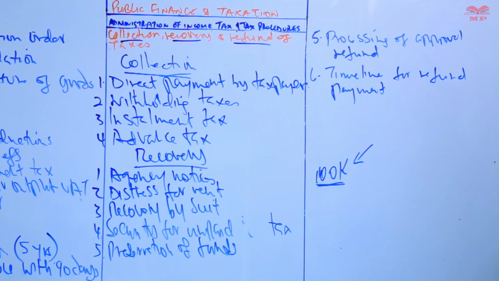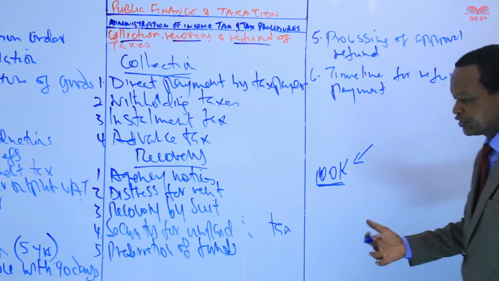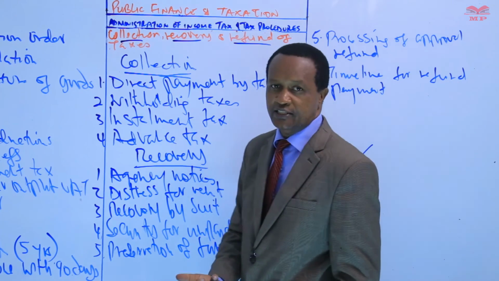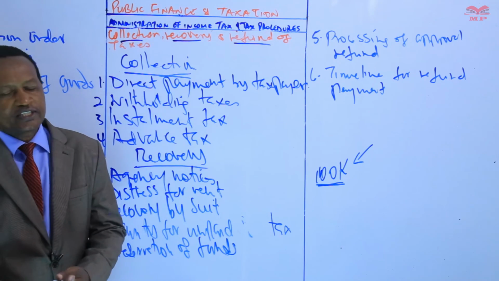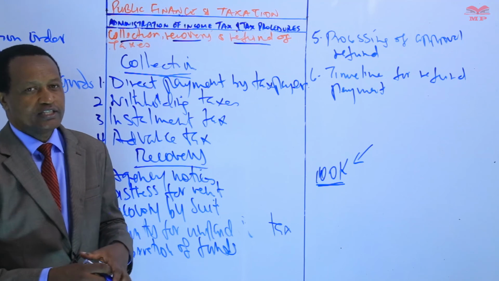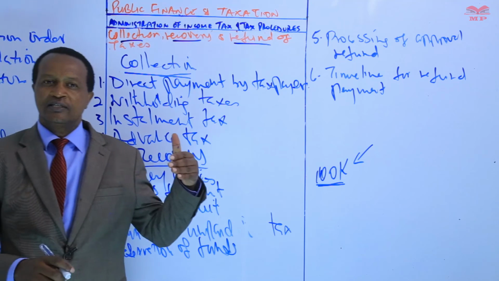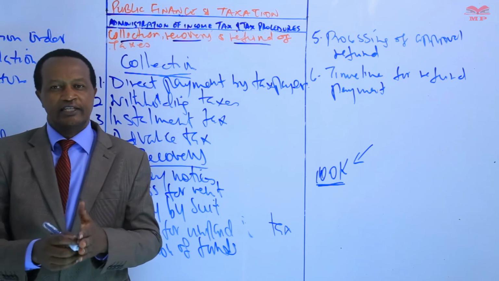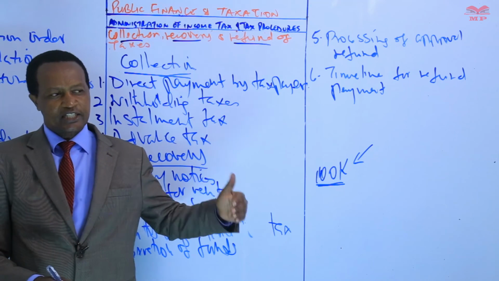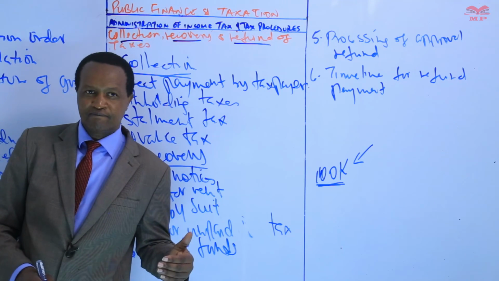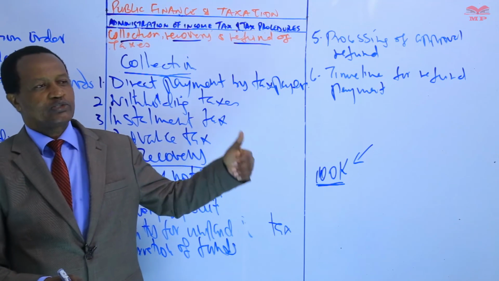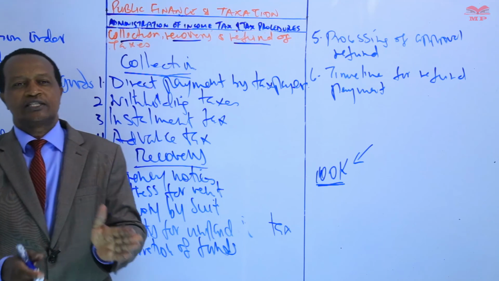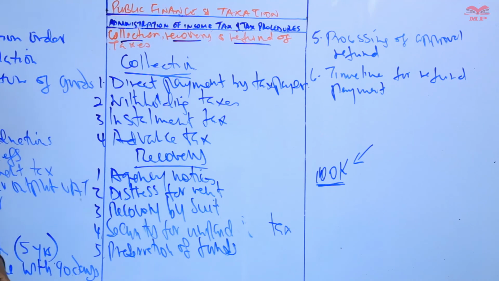Okay, so just as I said at the beginning, the processes for collection of taxes, for recovery of taxes, and refund of unpaid or overpaid taxes in Kenya are primarily governed by the Tax Procedures Act, which provides a structured approach in managing tax collections, enforcing payment where necessary, and even facilitating refund of taxes when taxpayers have overpaid.